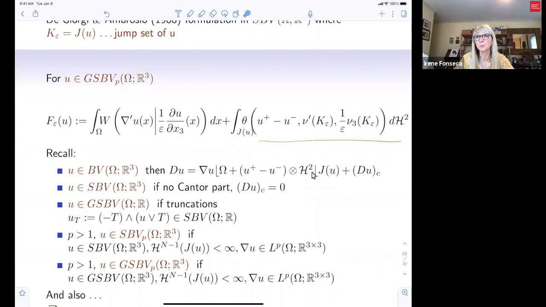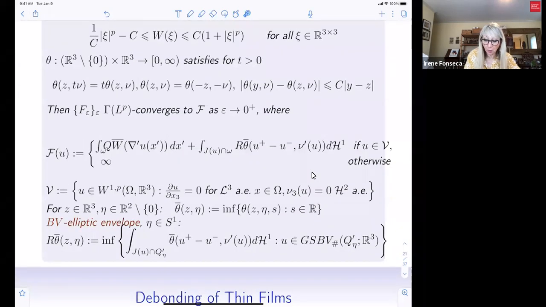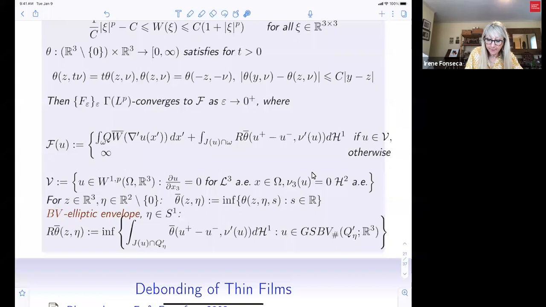Yeah, could you quickly say something again about this BV elliptic envelope? Because you made this comment that it was quasi-convexification for surface energies. Right. So what you do is this. By the way, this goes back to Ambrosio and Braides, where they have a whole collection of papers on the relaxation of just pure surface energies.